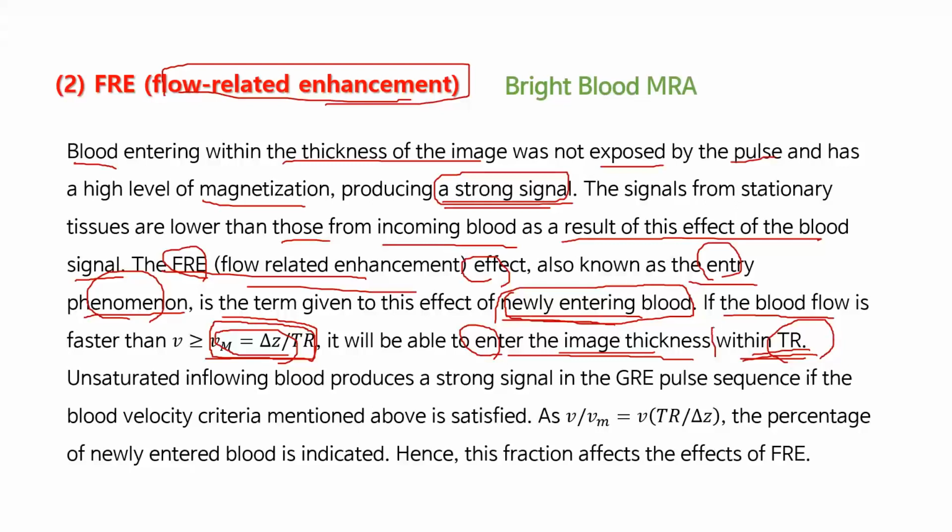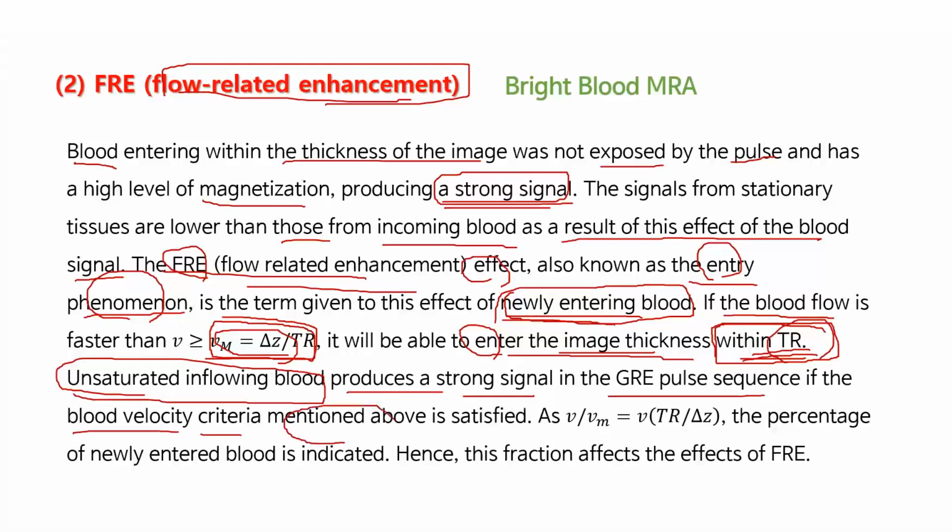We have to obtain the MR signal within this time TR in the GRE pulse sequence. Unsaturated inflowing blood produces a strong signal in the GRE pulse sequence if the blood velocity criterion mentioned above is satisfied.